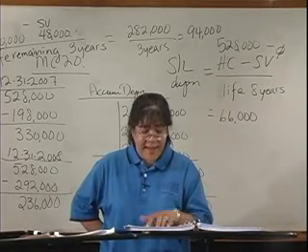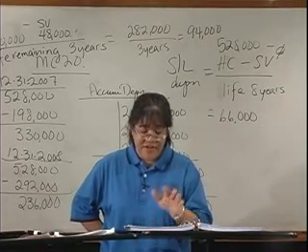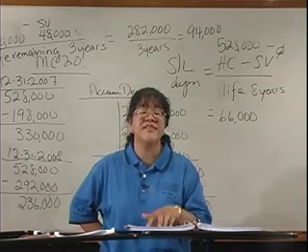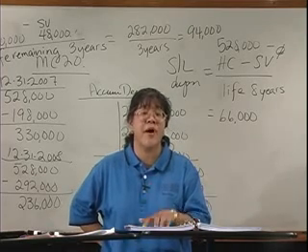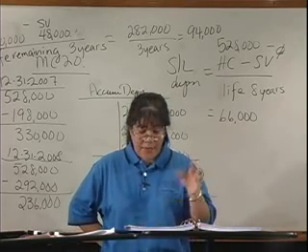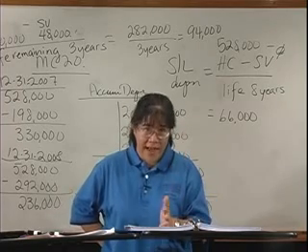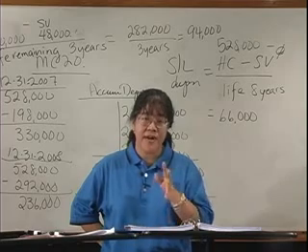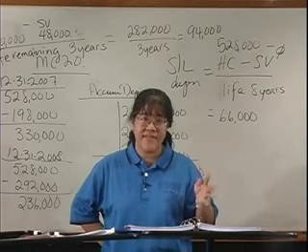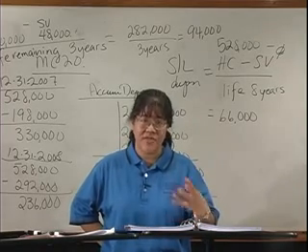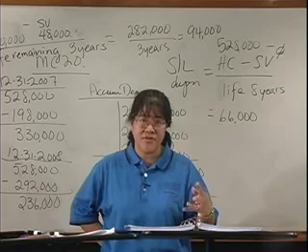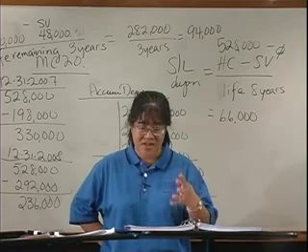Just keep in mind this is under the old method, the average cost method. Now remember, this is a change in accounting principle, so it's going to require retrospective treatment. They made this change on January 1st, 2008. You're just going to use the new accounting principle in 2008, and they're going to have to restate 2007, recast the statements for 2007 as if you had always used that new method, which is the FIFO method.